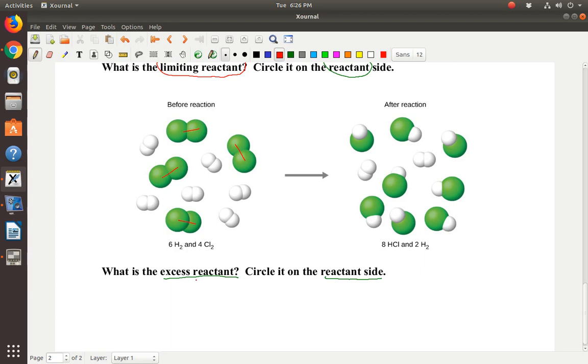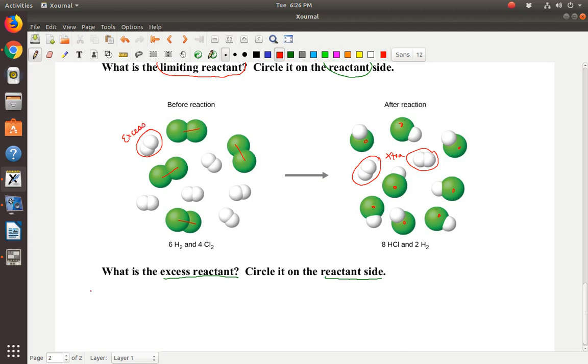Those are my chlorines. 1, 2, 3, 4, 5, 6, 7, 8. All of them are used. So that is not that excess reactant. This is the excess reactant, hydrogens, because I have some left over on the other side. These are the extras. So this must be the excess reactant.